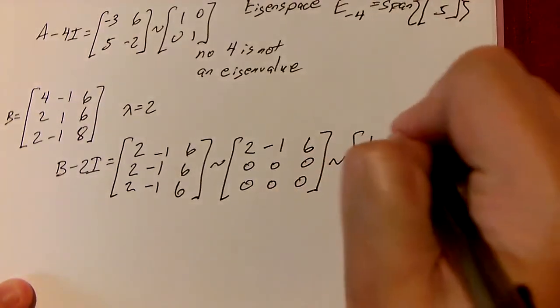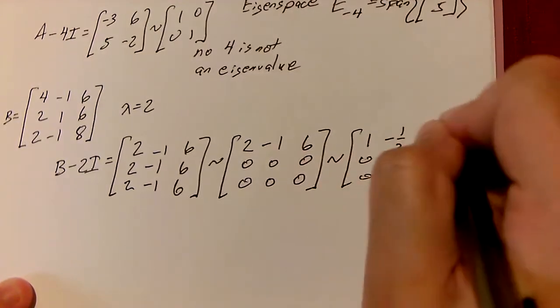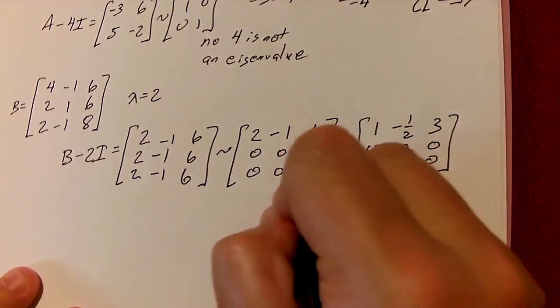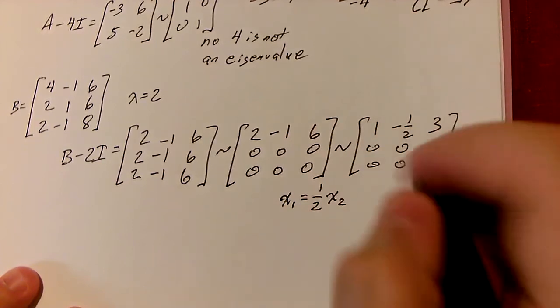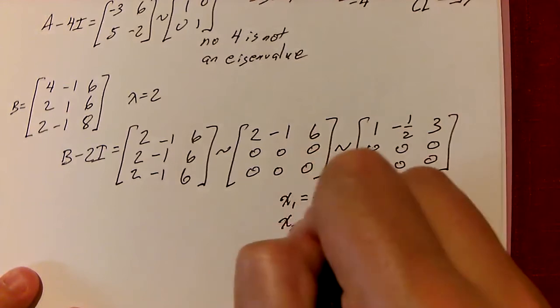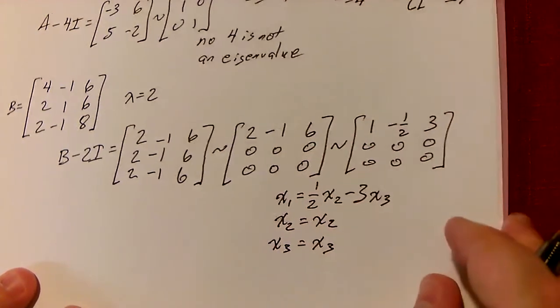I'm going to get 1, negative a half, and 3. All zeros everywhere else. And remember, this is augmented with zeros. So I'm going to have x1 is equal to 1/2 x2, again, as if it's moved to the other side of the equal sign, minus 3x3, where x2 and x3 are free.